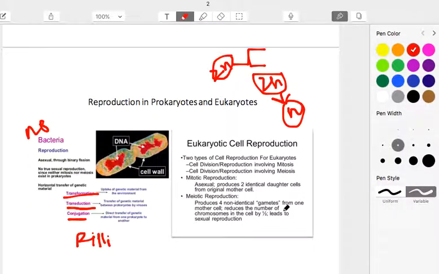Mutation may happen, which may alter the whole information, and information may be carried out in the wrong way. So there is a variation you're going to see here, but not in the mitotic kind of reproduction, which we will cover in the future in brief.